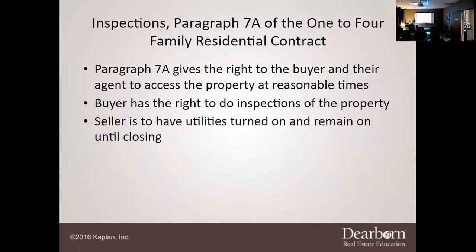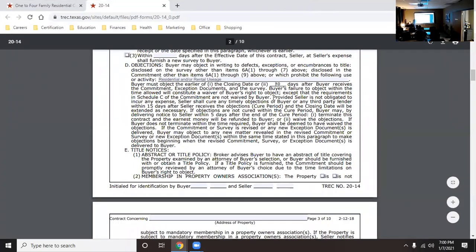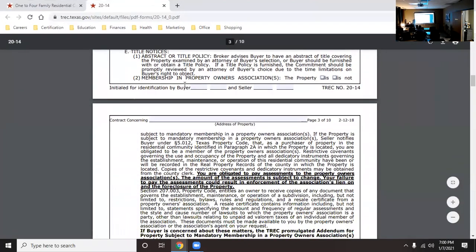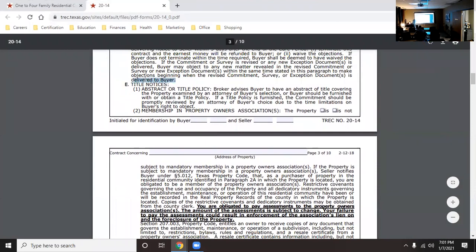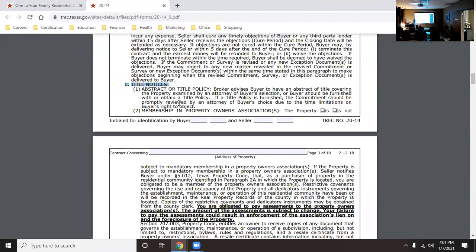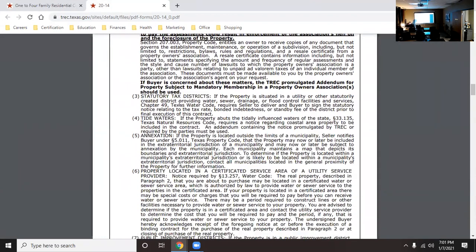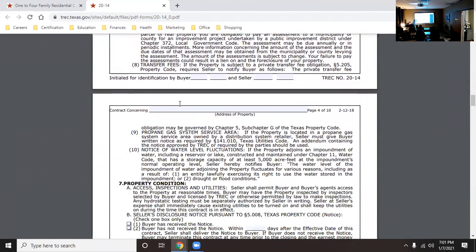In 7A, we're talking about inspections. Okay. 7A gives the right to the buyer and their agent to access the property at reasonable times. Now, before I jump to 7 real quick, I want to kind of jump back over here real quick because I know we're running out of time. But I just want everybody to understand, when you see E here, E is just notices. And you'll notice here, look how many notices are in here. There's a ton of them. There's 10 notices.